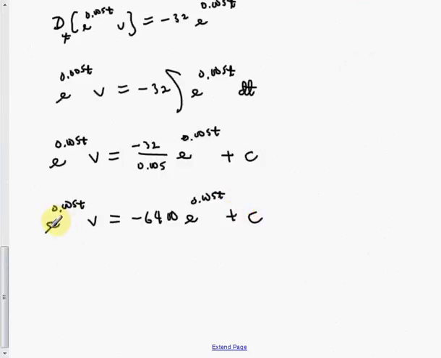Divide through by this e to the 0.005t to get v of t is equal to negative 6,400 plus c times e to the negative 0.005t.